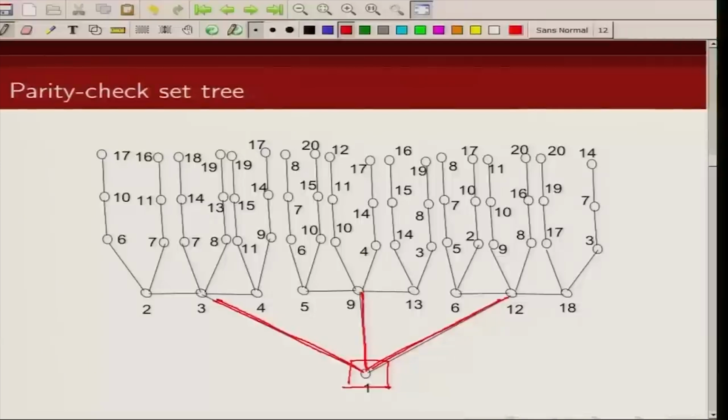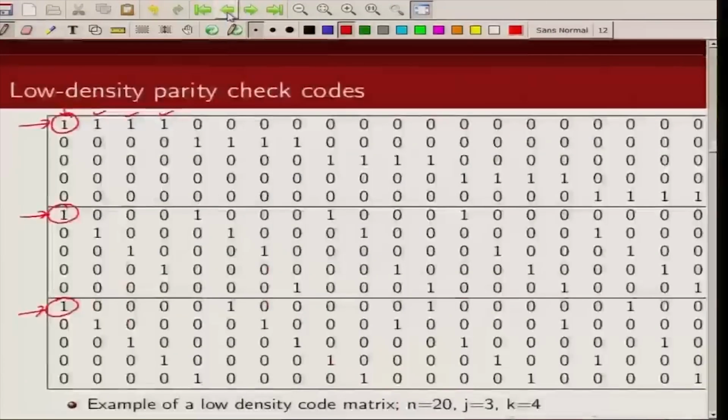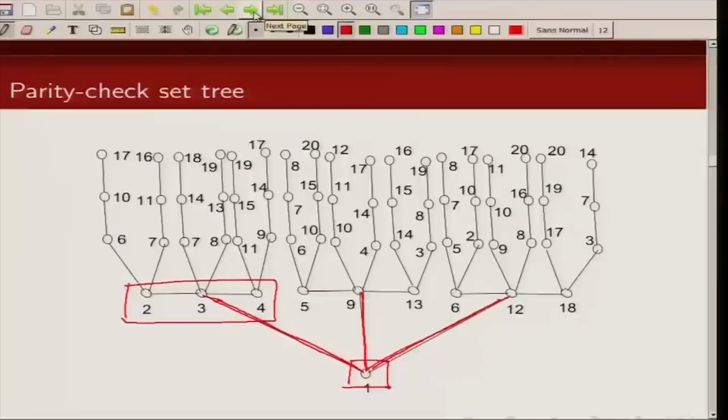The other bits that are participating in the parity check constraint are written like this. So, this is one parity check constraint and bits 2, 3, 4 are participating. Similarly, bits number 5, 9 and 13 are participating in this particular parity check equation, and that is represented by this.